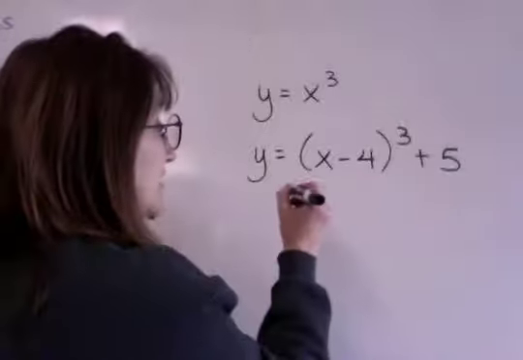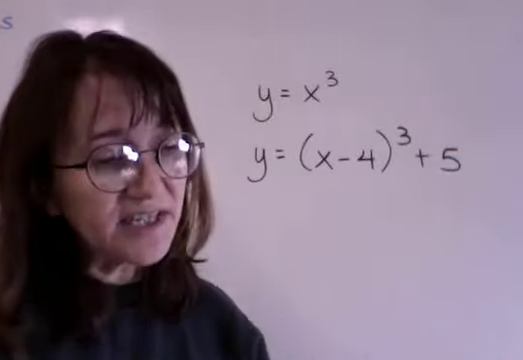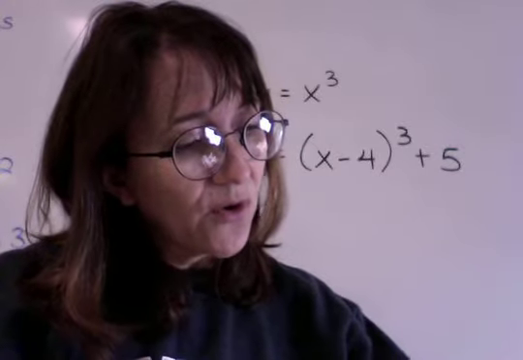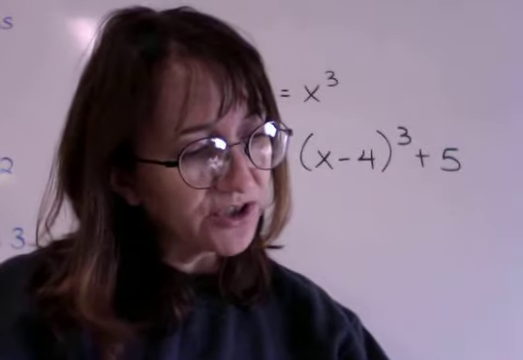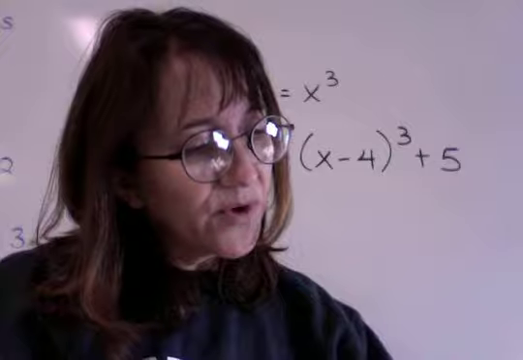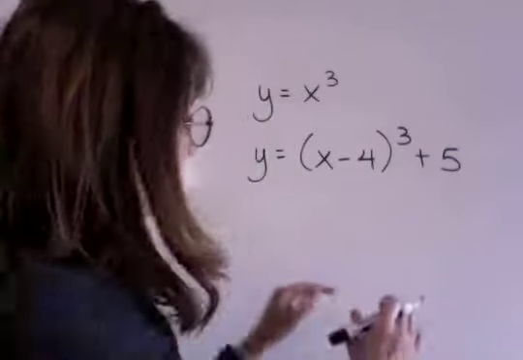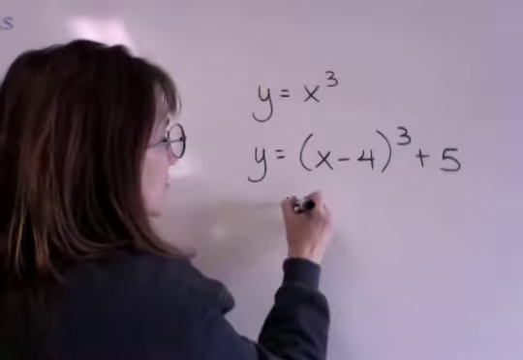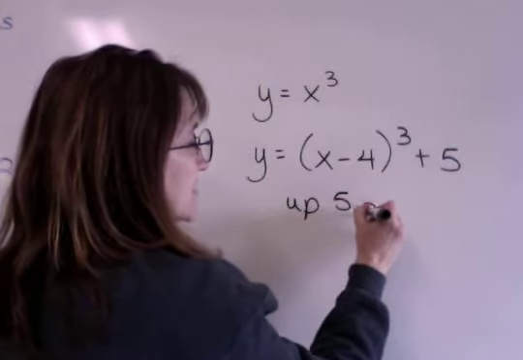If I want the translation to that, it shows me down here what's happening for the translation. So my translation would be that I am going up 5 places.